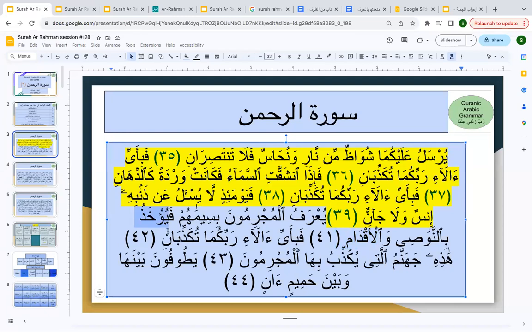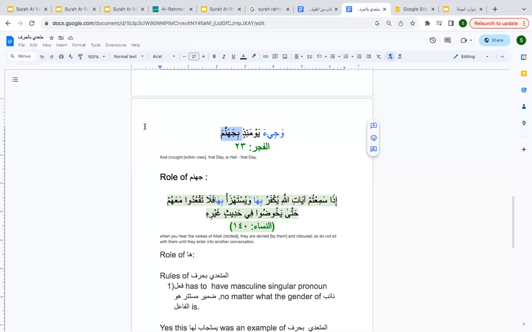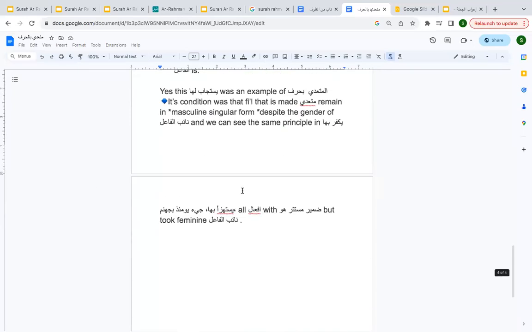The verb that you're seeing, fail mudare majhul, has a pronoun that is huwa, right? Fail mudare majhul has a pronoun that is huwa, and that is what the rule of muta'addi bil harf is. Its condition is, you will see the fail is always going to be in the huwa form.